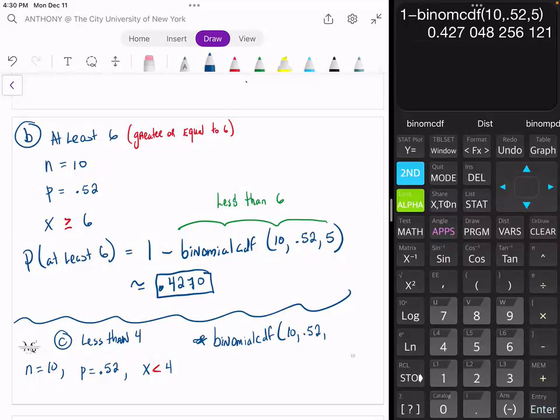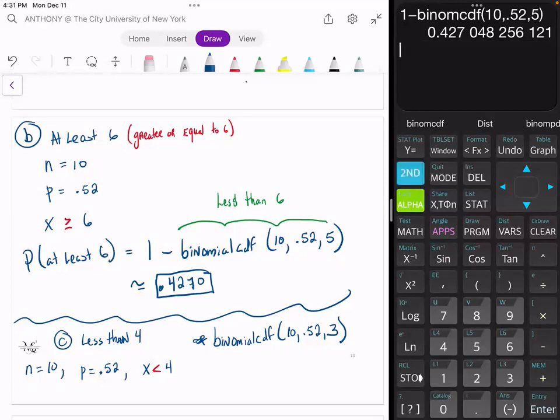I have to go 1 less than 4 because look at the way the inequality symbol is being written. This time it's going to the left instead of to the right, and we're not including the 4. So what is one number directly underneath 4? It's going to be 3. All right. So it's binomial CDF 10, comma 0.52, comma 3.